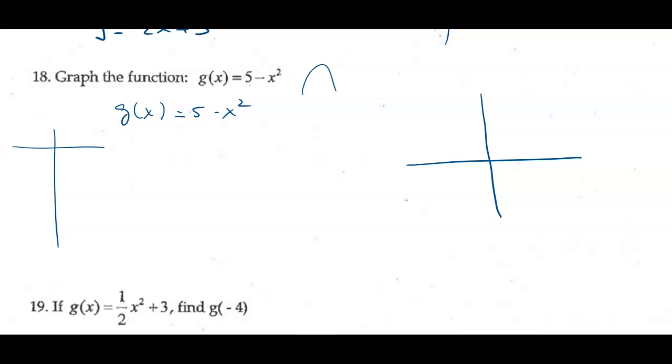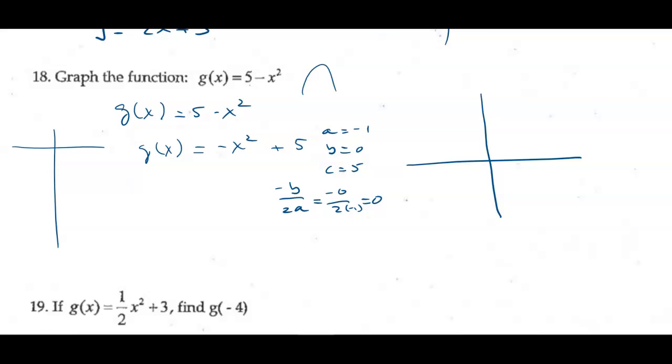And we could try all different values, 0, plus or minus 1, plus or minus 2, whatever. We also looked at things like a vertex, which is negative b over 2a. To graph it by a vertex, you would put the x squared first. And you would recognize, oh, a is negative 1. Notice there's no x term, so b is 0 and c is 5. So negative b over 2a, which is your vertex, is negative 0 over 2 times negative 1, which is 0.